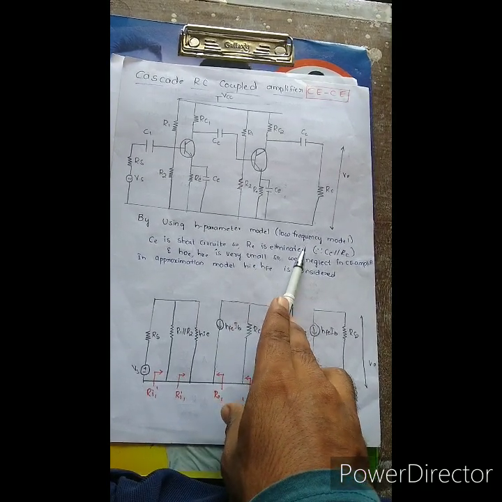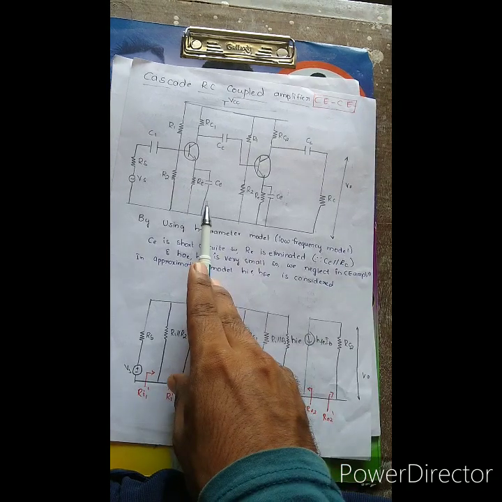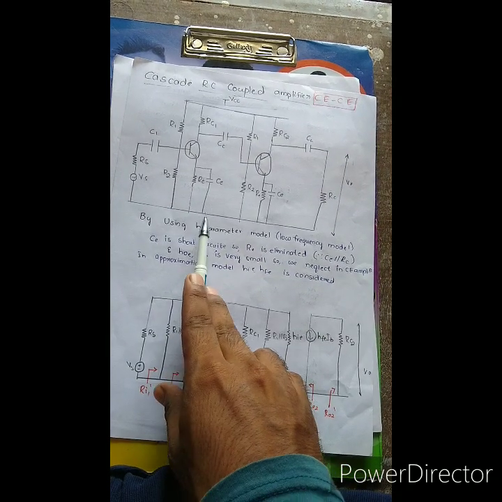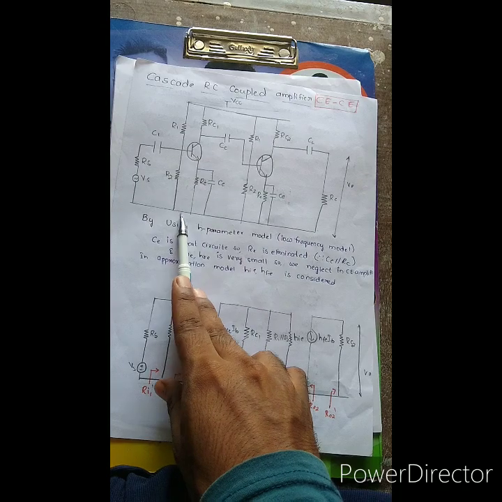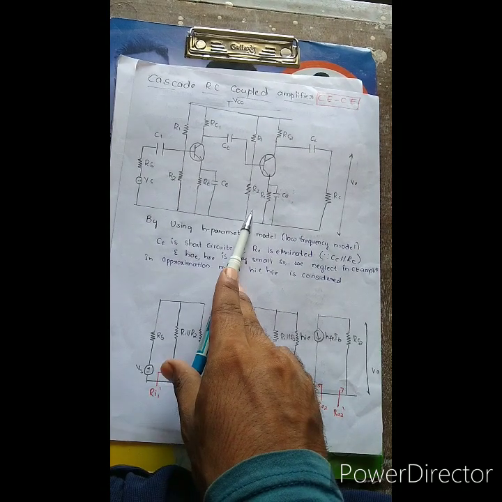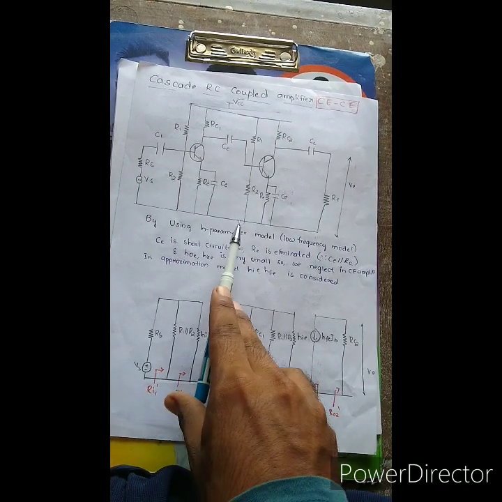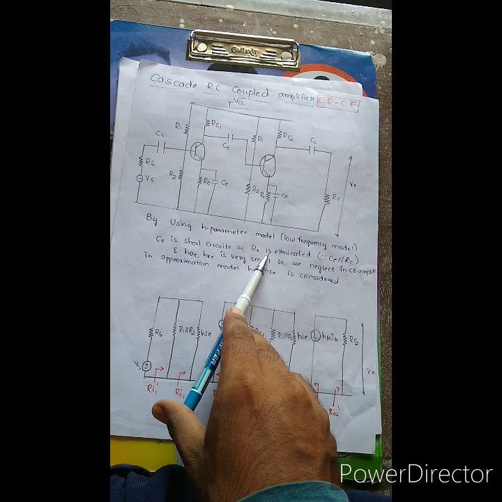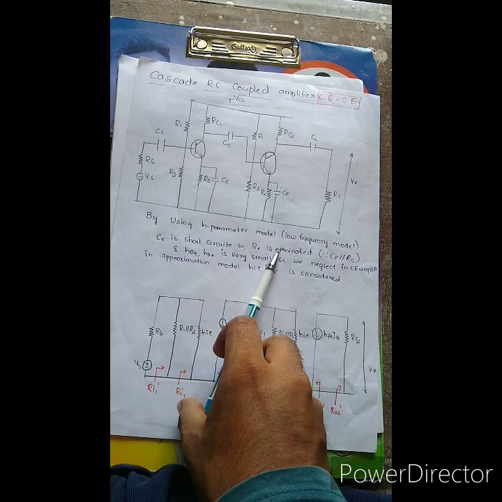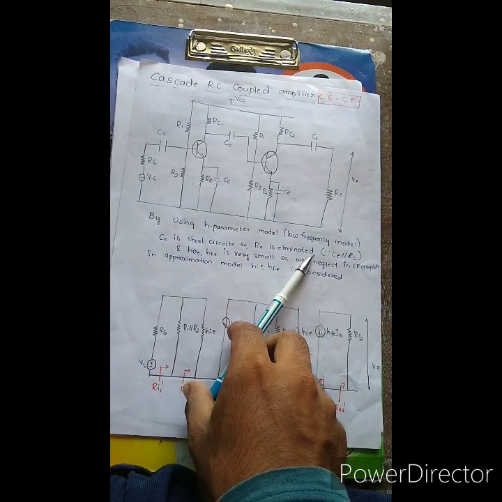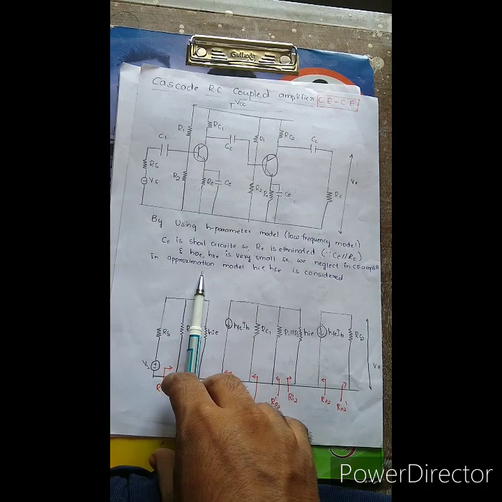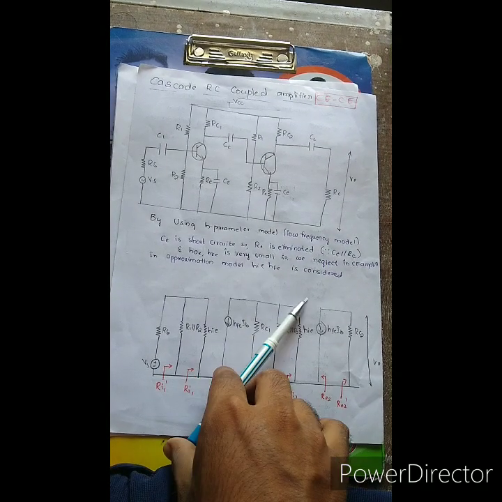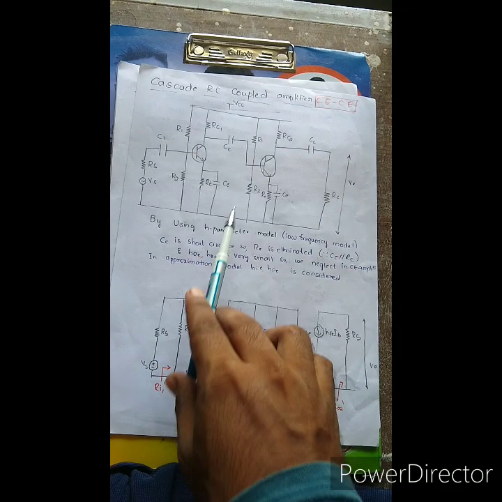In the low frequency model, capacitors are short circuited. So CE is short circuited, and RE is also eliminated because CE is parallel to RE. HOE and HRE are very small values in a CE amplifier, so we neglect them. In the approximate model we only consider HIE and HFE. The H model is like this, friends.